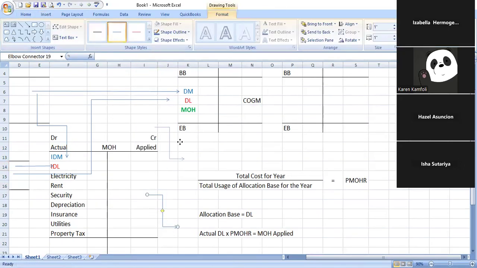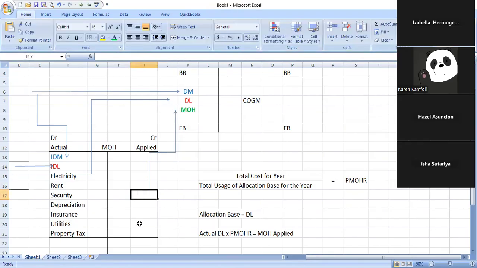So what I'm going to do here, I'm going to flip this manufacturing overhead to go right here, and that's how I'm going to get my manufacturing overhead applied.